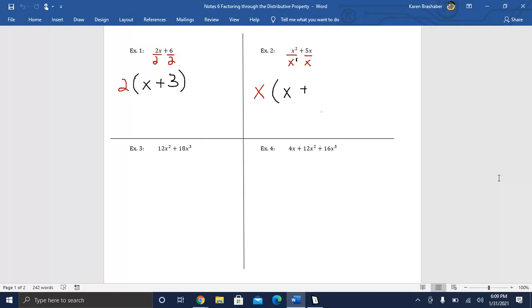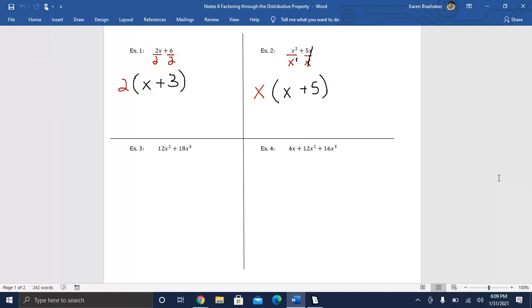And then I have 5x divided by x. Now, on this, your exponents would subtract and give you a 0. So we can think of those x's as canceling, but we still have the 5. And so we have the factored form x times x plus 5.